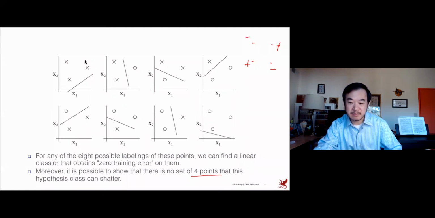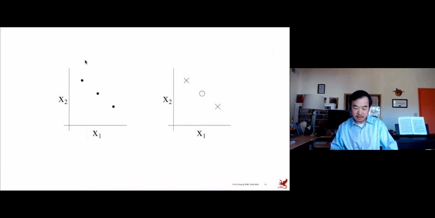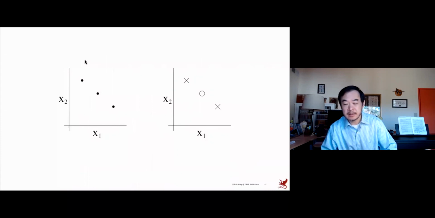People answer 3, great. Good. So then I think some people may be curious about this case, right? So I have now also 3 points, and one of my arbitrary labels gets me to this configuration, and obviously this cannot be resolved by a line.